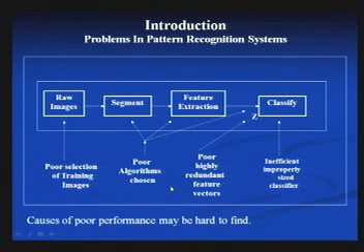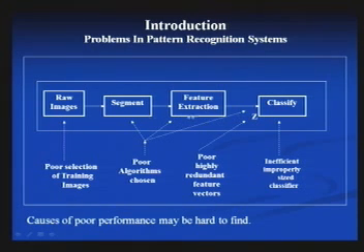Okay, well, in pattern recognition systems, there are several things that can go wrong, and basically, you could have poor raw data. The main blocks in your system could be faulty.